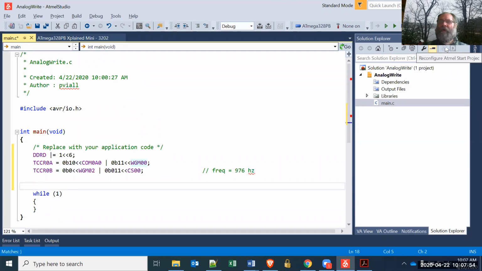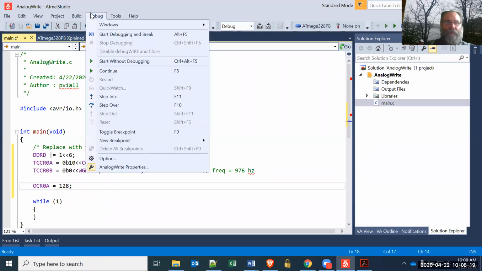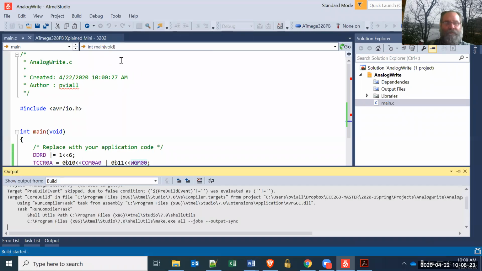To set the brightness to a particular thing, I'm simply going to say here, OCR0A equals 128. Let us run this, and my expectation is I'm going to get that LED at roughly half brightness. So start debugging. Now let's just start without debugging.